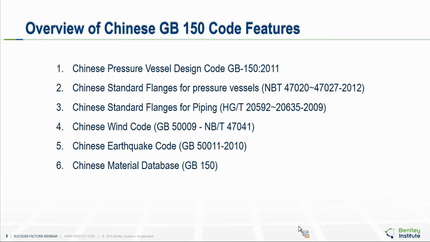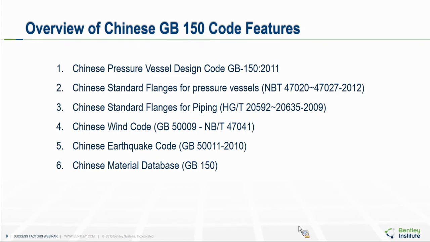You have Chinese standard flanges for pressure vessels NB/T 47020 to 47027, 2012. Chinese standard flanges for piping are offered, which are HG/T 20592 to 20635, 2009 version. Chinese wind code GB 50009, NB/T 47041. Chinese earthquake code GB 50011, 2010.